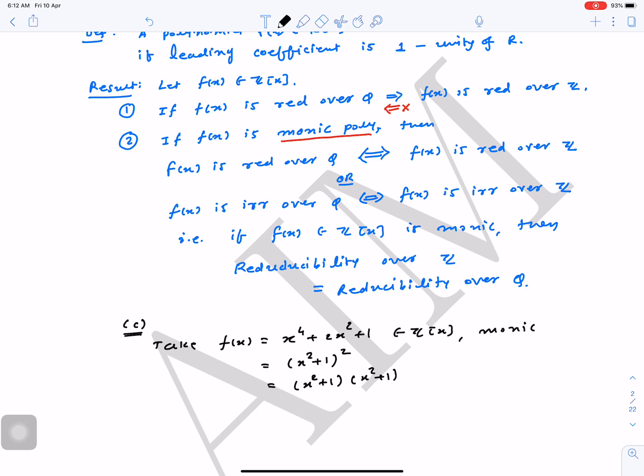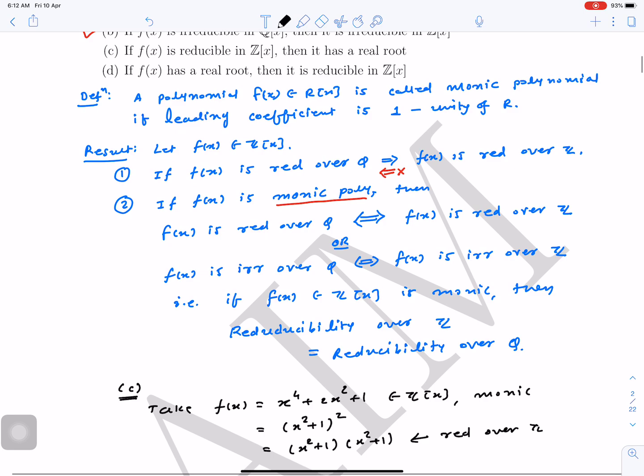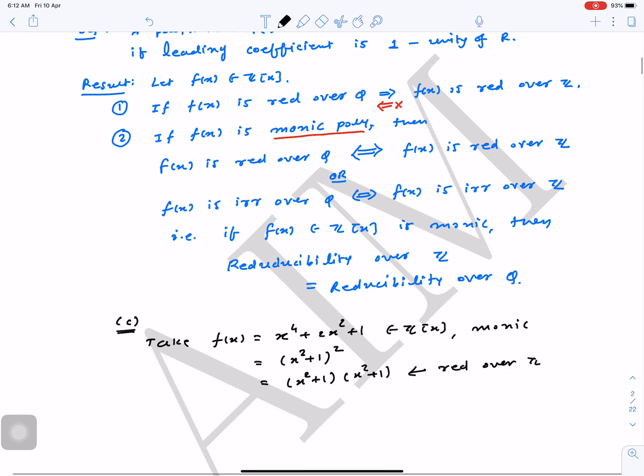So f(x) is reducible over Z, and it is monic, but option C says that it has a real root. But the roots of f(x) are x equal to plus i or minus i.